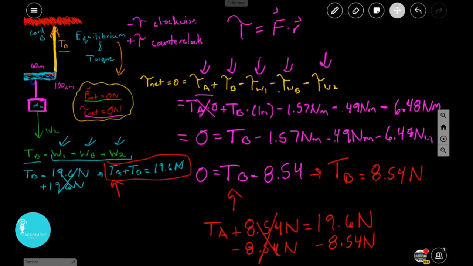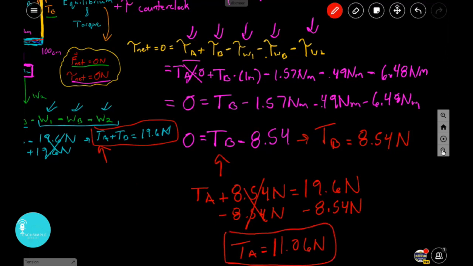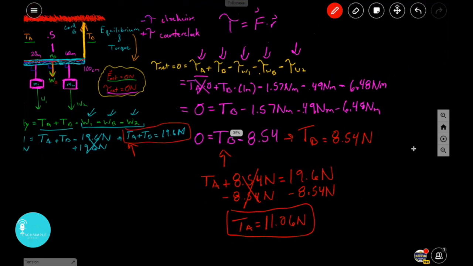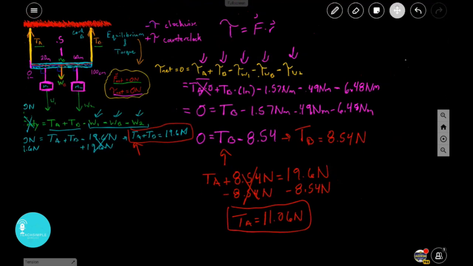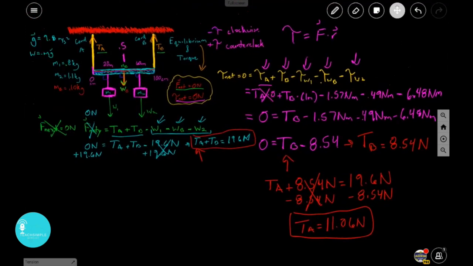You're going to get TA is equal to 11.06 newtons. And so I now figured out the tension A and tension B from that equilibrium problem, all using the total net forces in the X and Y direction and the total torque.